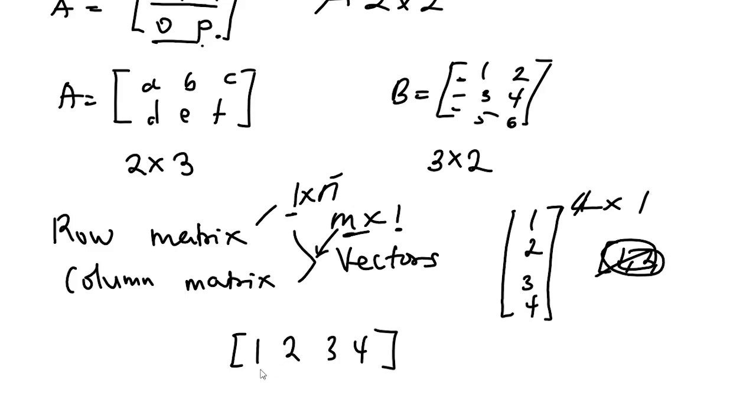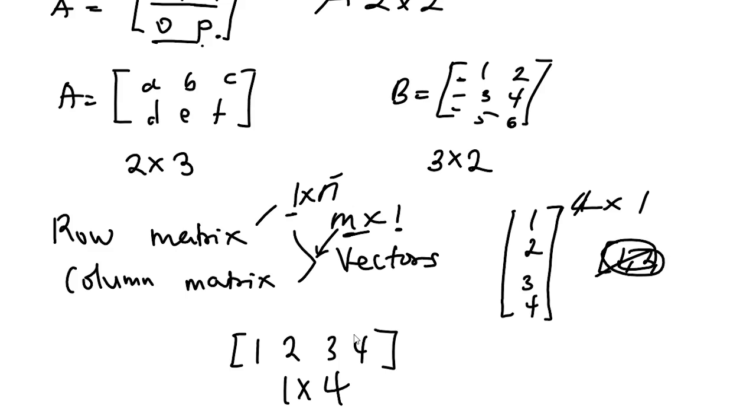Now let's look at this one too. We have only 1 row by 4 columns, 1 by 4. So these are examples of a row matrix and a column matrix.